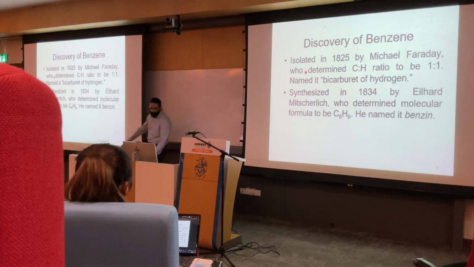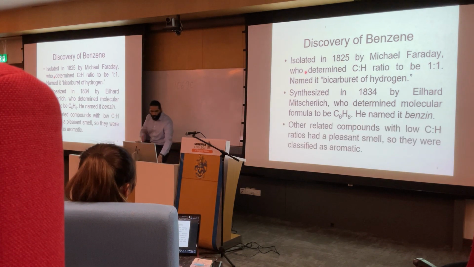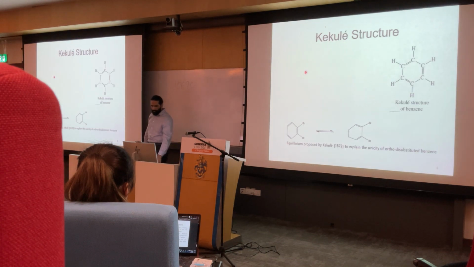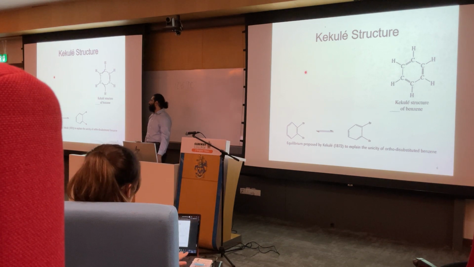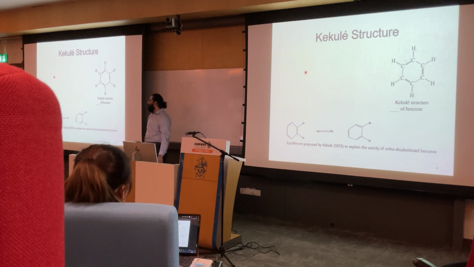Some trivia, I will not bore you with this. I think everyone knows how benzene was formed and how the structure was developed. Some people say, I think it's all fiction, that Kekule saw the structure in his dream.